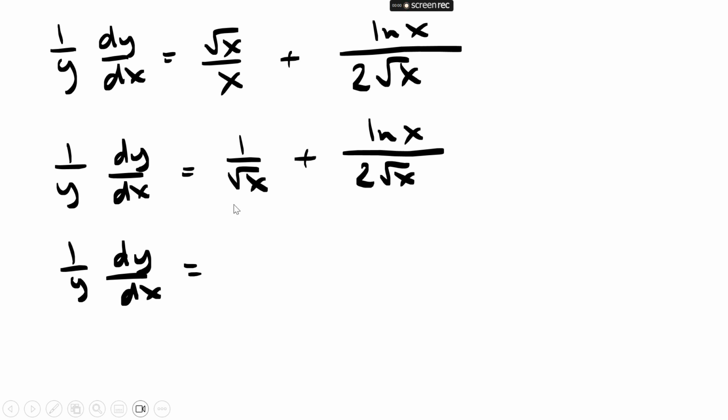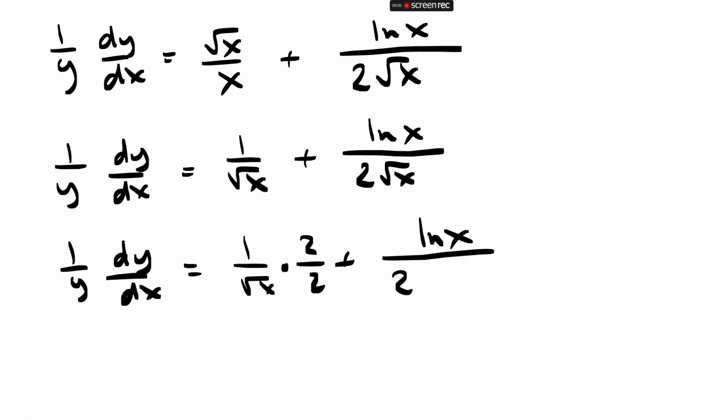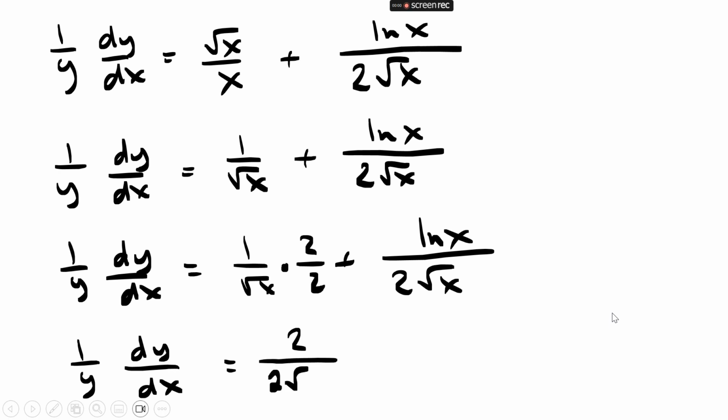I'm going to multiply both top and bottom by 2. But everything else remains just perfectly the same. Multiply this guy, this becomes a 2, so 1 over y dy dx equals, now I got myself a 2 on top, 2 radical x on the bottom, plus ln of x and 2 radical x on the bottom. That's cool.